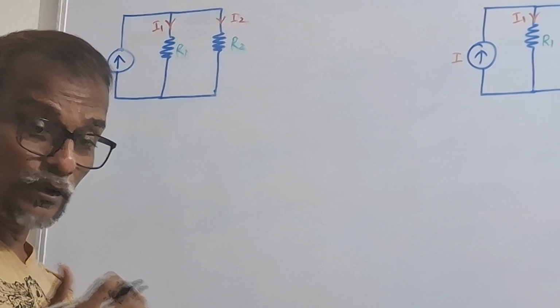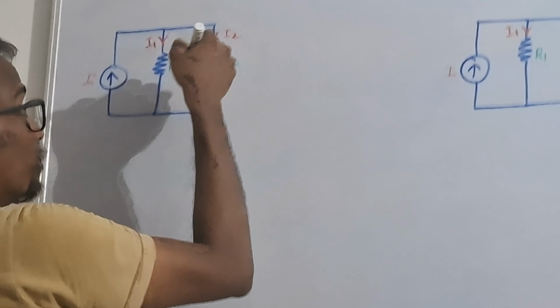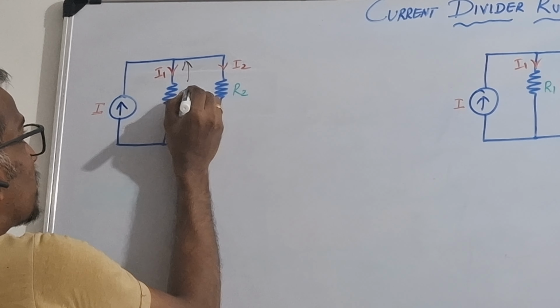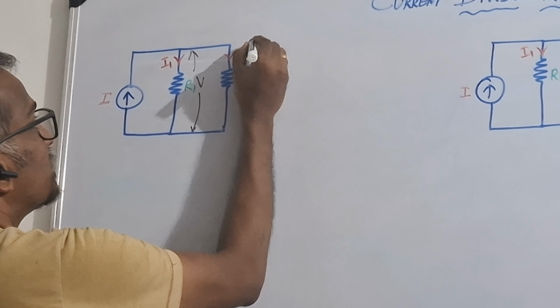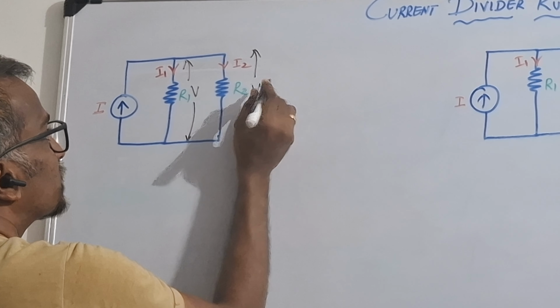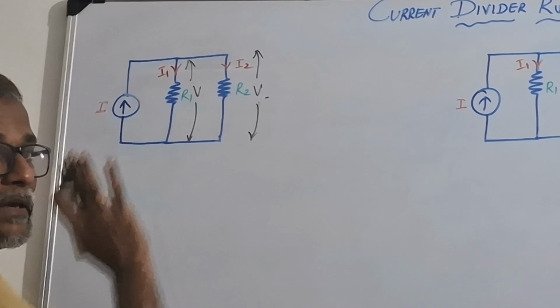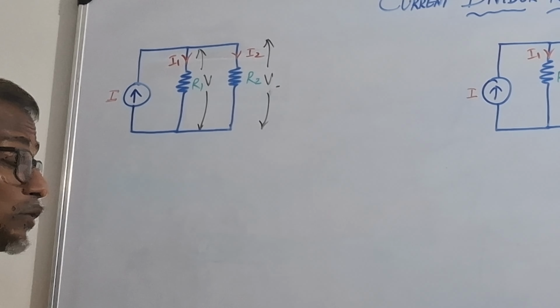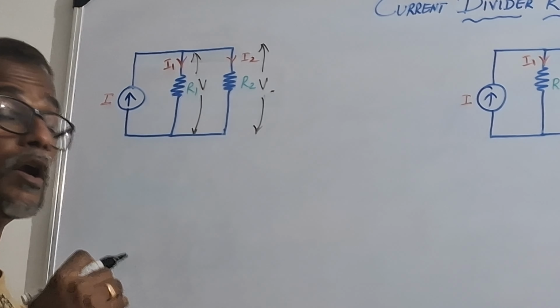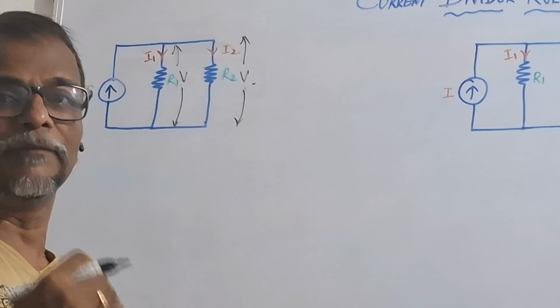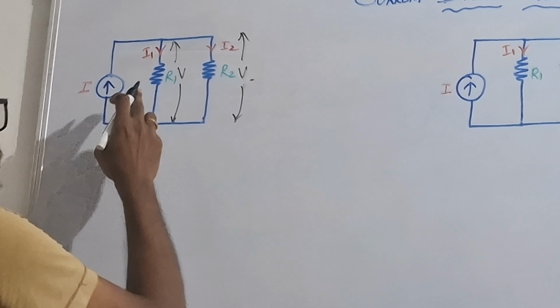Also, we know that in a parallel connection, voltages are the same. That means the voltage across resistance R1 is the same as the voltage across resistance R2. Both are the same, that's what I have written as V. Now we are going to derive the formula in order to implement this current divider rule directly when you solve problems.